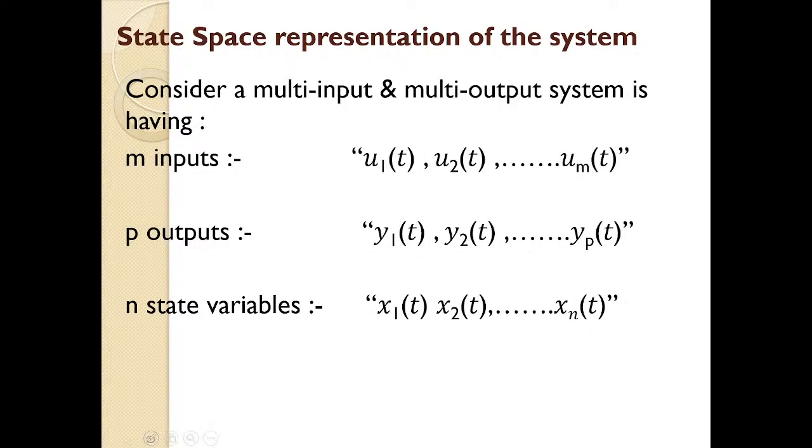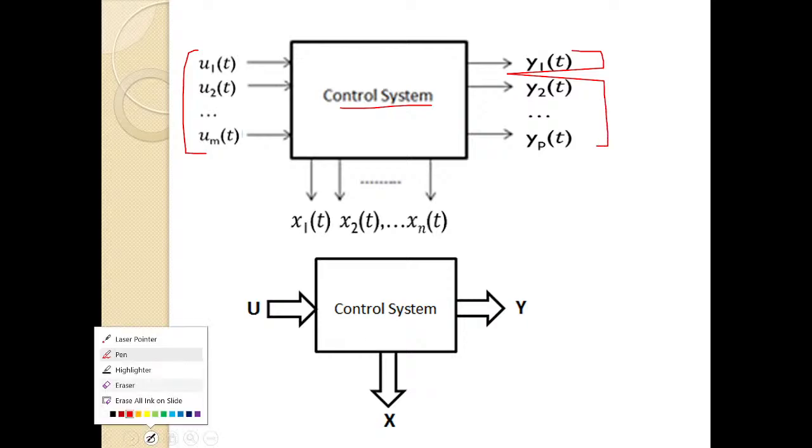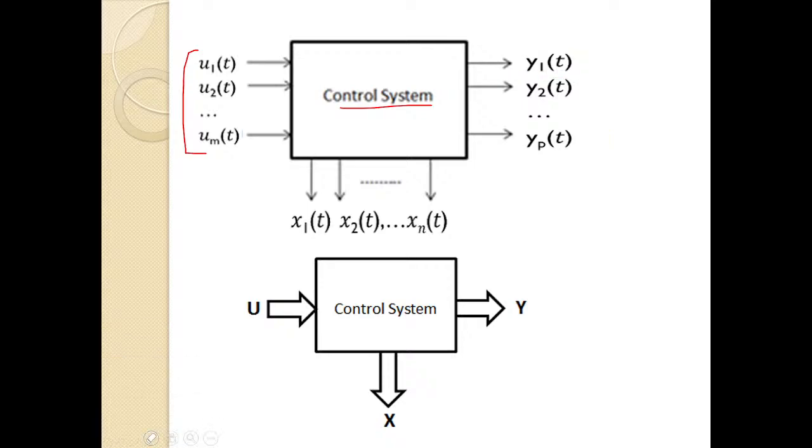We can represent this as a control system. This is how you can represent it. This is our control system. These are our inputs, these are our outputs, and these are the state variables.